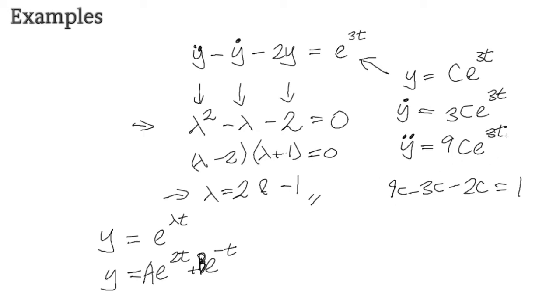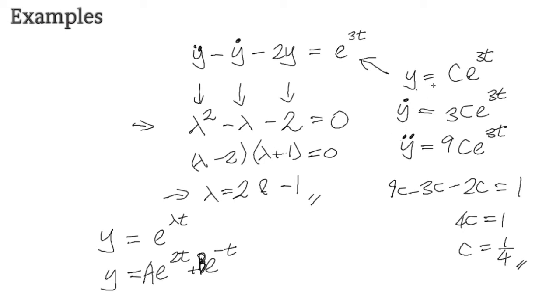Note that I cancelled out the e to the 3t. With that, we calculate: 4C equals 1, and C equals 1/4.